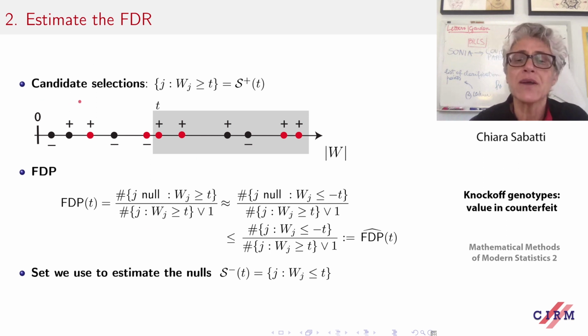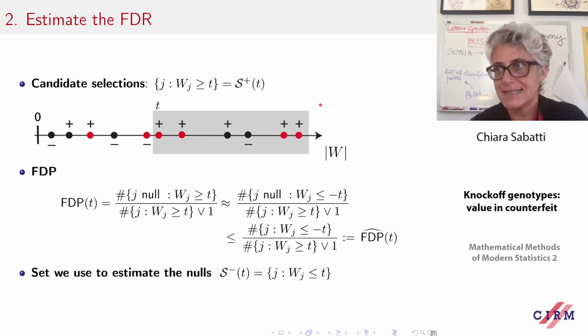So we're going to say what is our candidate selection set. So we want to select variables that have a large W, right? Because a large positive W says the variable seemed more important than its knockoff and it seemed important to score. So this is our set of candidate selections.